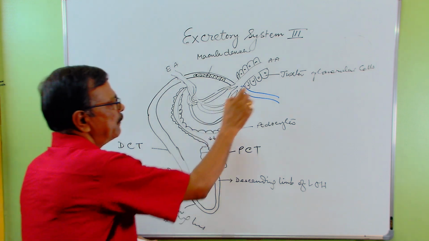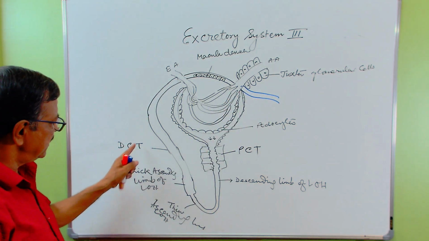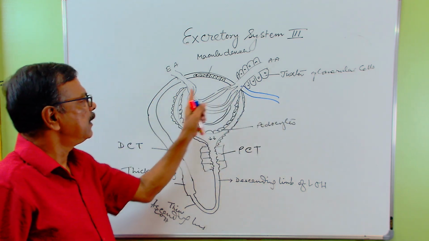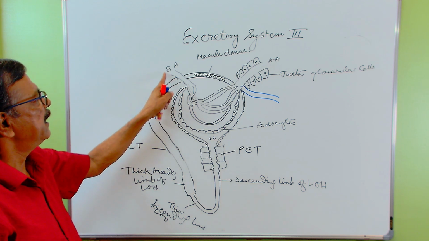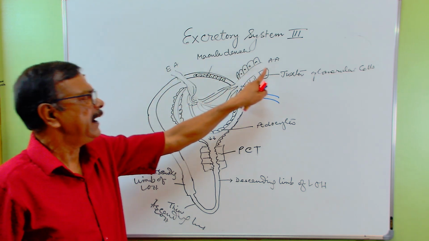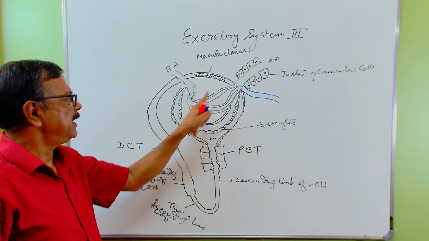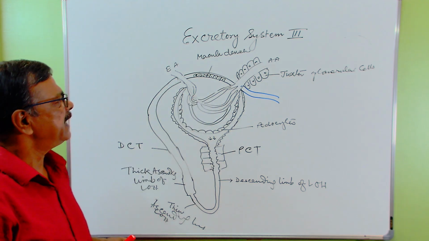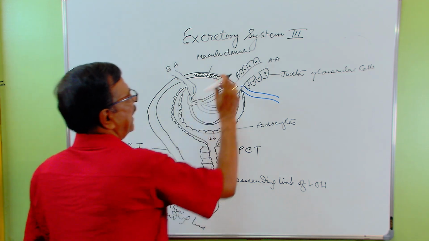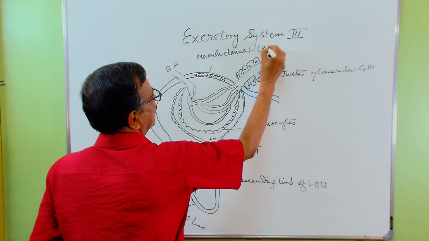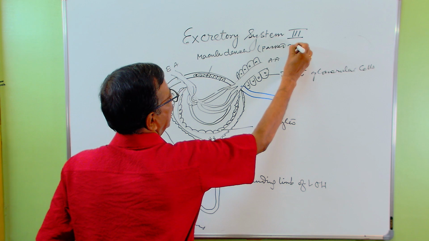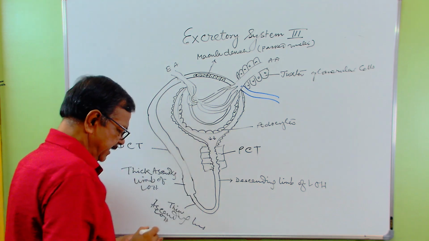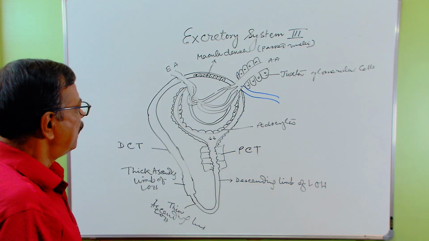So these are juxtaglomerular cells, and the distal convoluted tubule, while going to the collecting tubule, passes through the efferent arteriole and afferent arteriole, that is, in the glomerulus. Near the glomerulus is found some dense cells with packed nuclei, and this is known as macula densa. Clear?